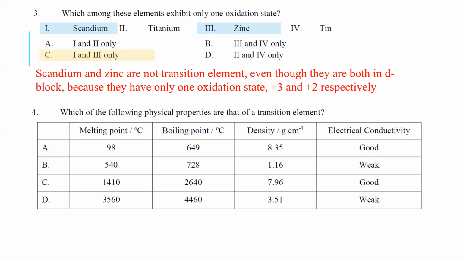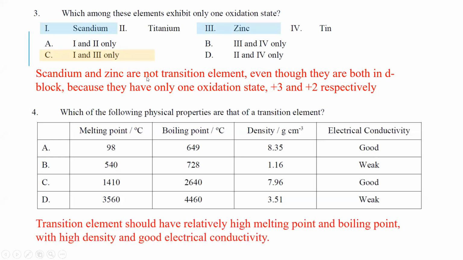Number 4, which of the following physical properties are those of a transition element? A transition element must have a relatively high melting point, boiling point, high density, and good electrical conductivity. So the best description that suits all of them is C. A is trying to explain the melting point of group 1, while B is trying to explain the melting point of probably a non-metal because it has weak electrical conductivity.